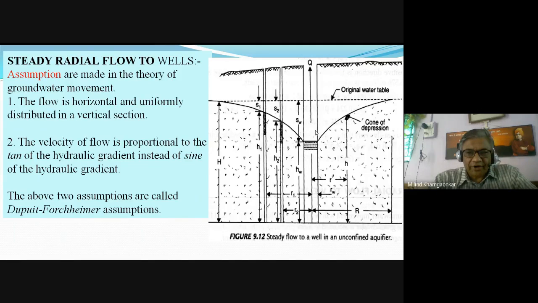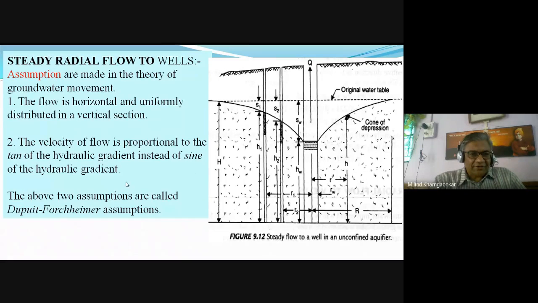Right, this flow, all along the diameter of the well, the water is coming horizontally into the well and it is uniformly distributed over the vertical section. That is, as we go down, uniform water is coming into the well all along the perimeter, the circular periphery.